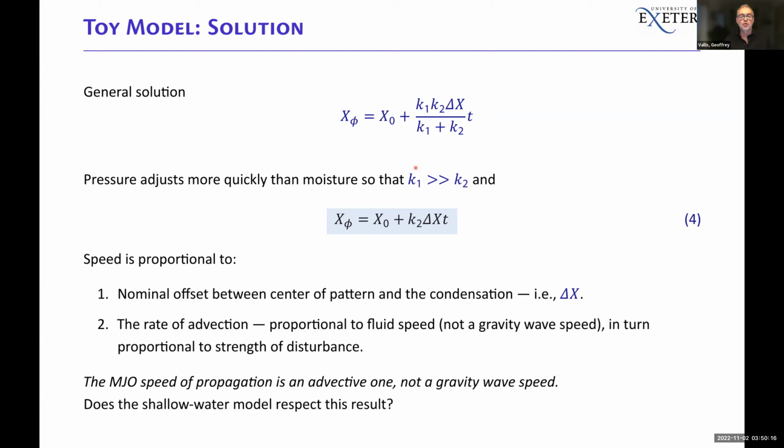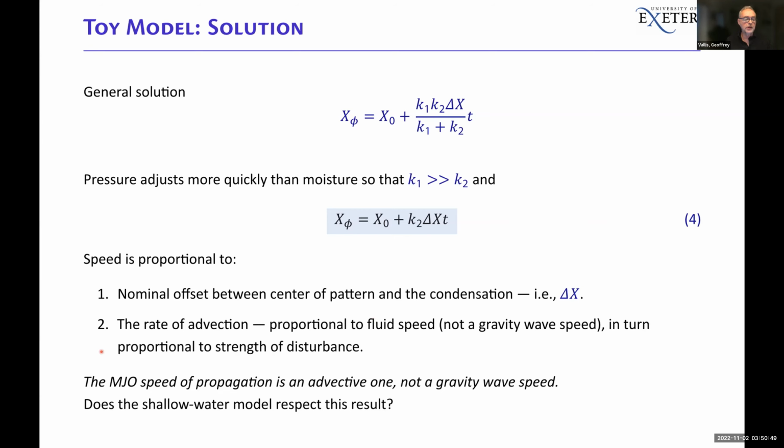But it's also proportional to this K2, which is the rate at which the condensation can move. It's the rate of advection of the moisture field itself, the rate at which the moisture field can move towards the center of the heating. So that's an advective rate, because moisture is moved advectively, not at a gravity wave speed.